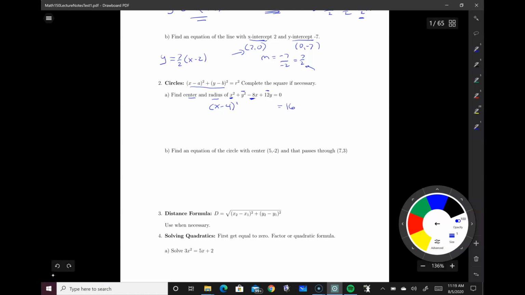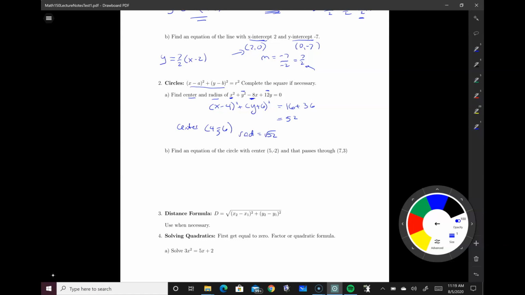So now to complete the square on the y's, I'll get (y plus 6) squared, and I added 36, so I need to add a 36 on this side. So this gives me a 52 on this side. So the center is (4, -6), and the radius is root 52.